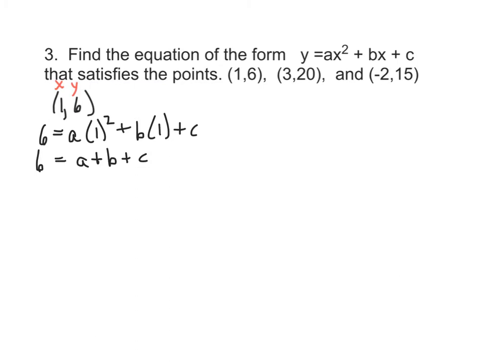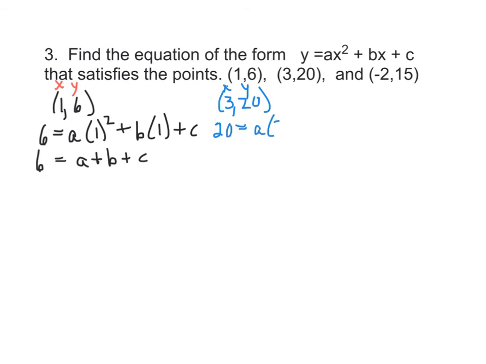The second equation will be based on using the point (3, 20). It works exactly the same way with this point. 3 is the x-coordinate, 20 is the y-coordinate. So in my standard equation for a quadratic, I'm going to substitute 20 for the y, and I'm going to put 3 in for the x.